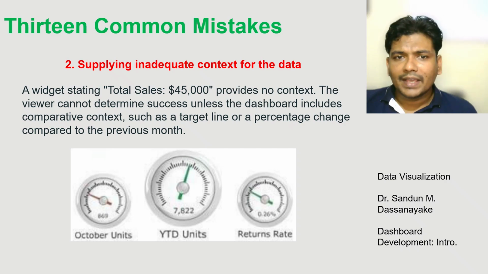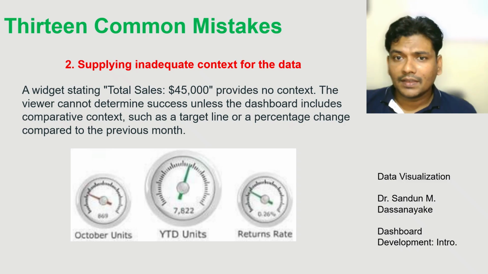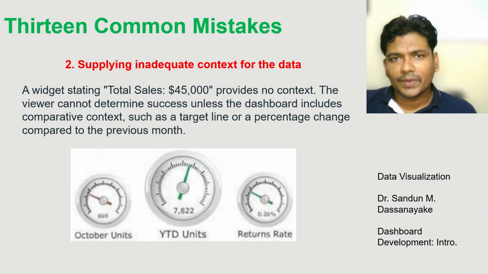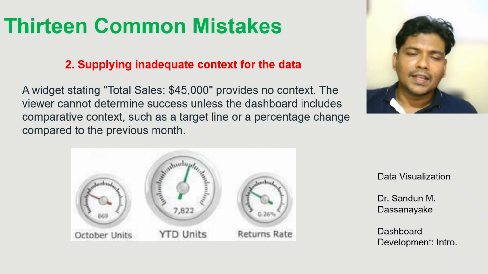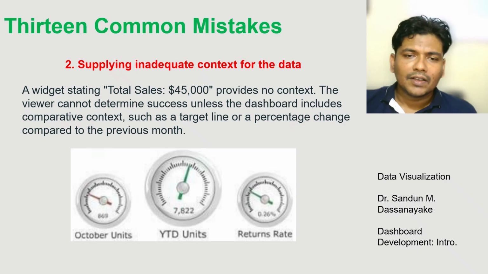A widget displaying total sales as 45,000 rupees or dollars lacks context. Success can only be evaluated if the dashboard includes comparative information such as a target or percentage change from the previous month. Take a look at the dashboard content that I have shown you here in this slide. It doesn't make sense.